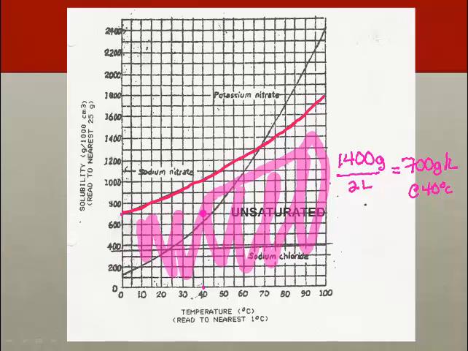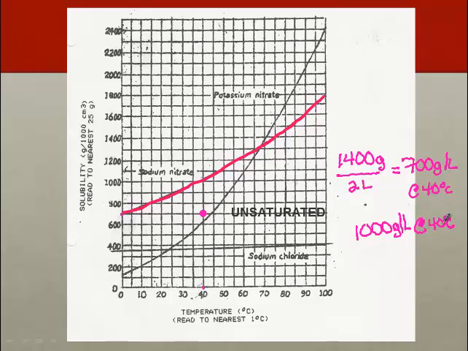So in this case, if I had to ask what would be the state of my solution if I dissolved 700 grams per liter at 40 degrees, since it falls below the line, it would be an unsaturated solution. Now, what if I took that same solution, and now instead of dissolving 700 grams per liter, I dissolved 1,000 grams per liter at 40 degrees.